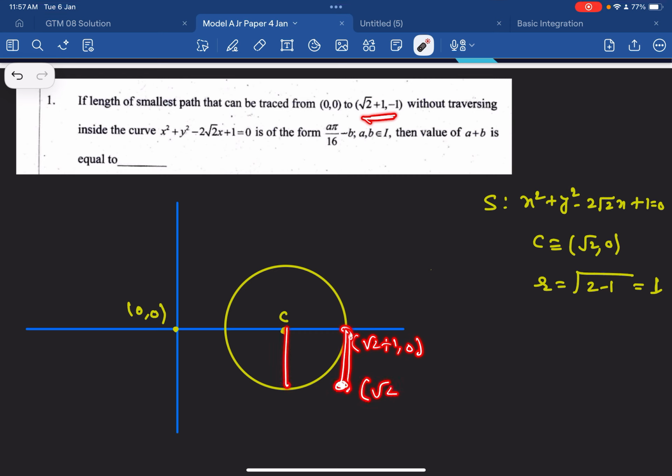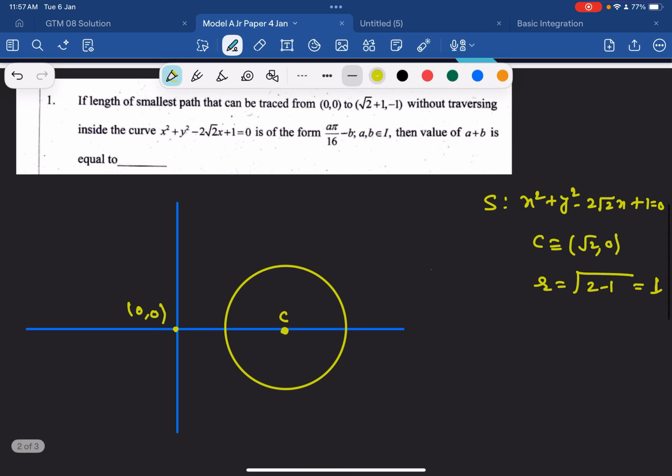So this point will be root 2 plus 1 comma minus 1. So this point is root 2 plus 1 comma 0 and this is the 1 we get here, and exactly here also. This point is suppose P, root 2 plus 1 comma minus 1.